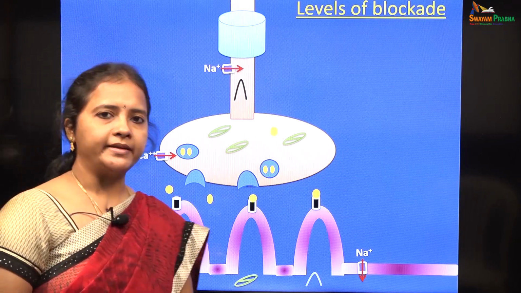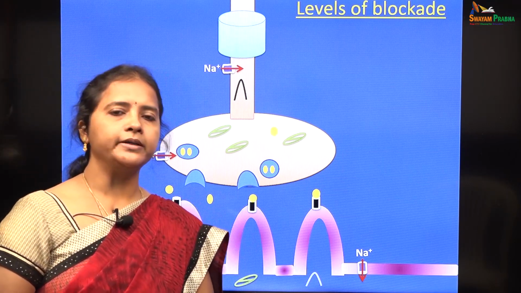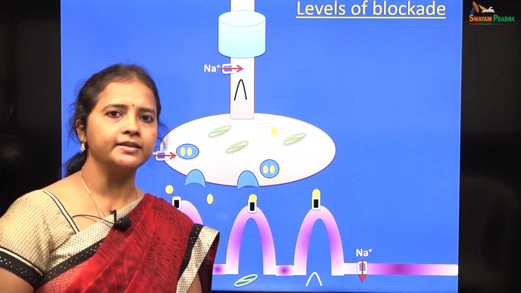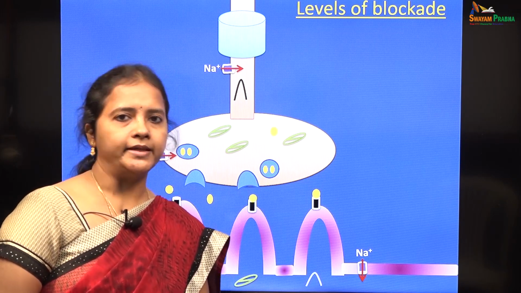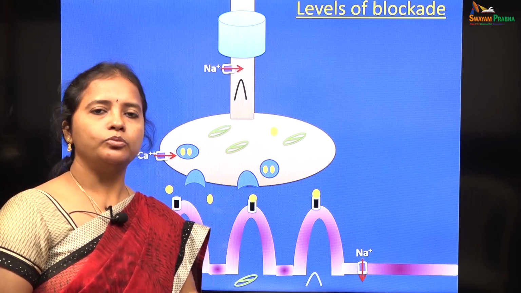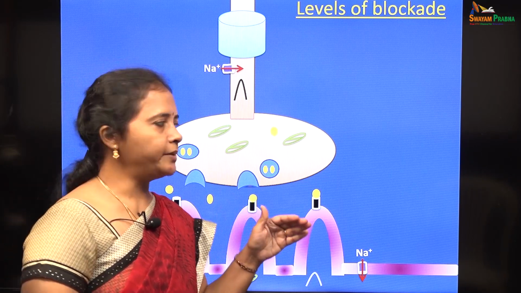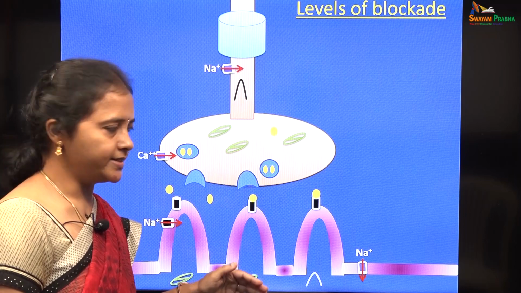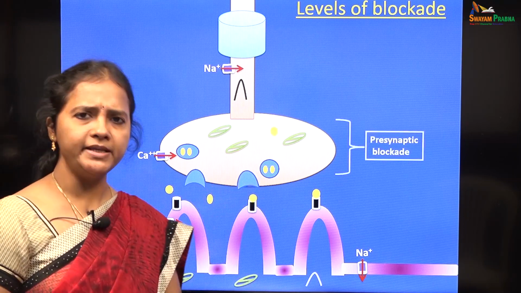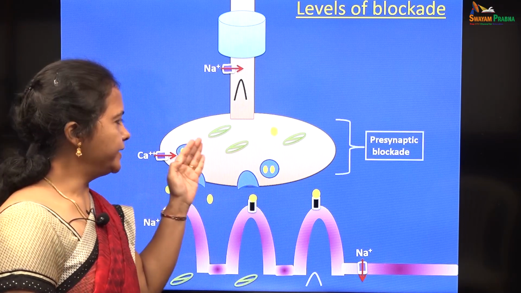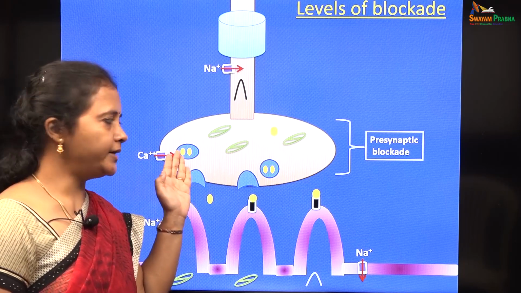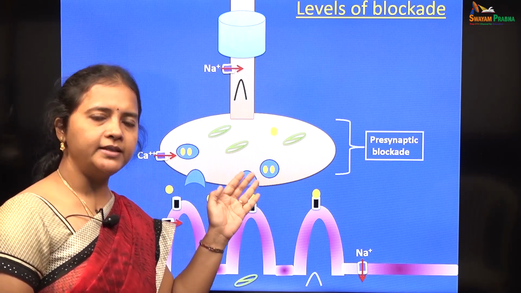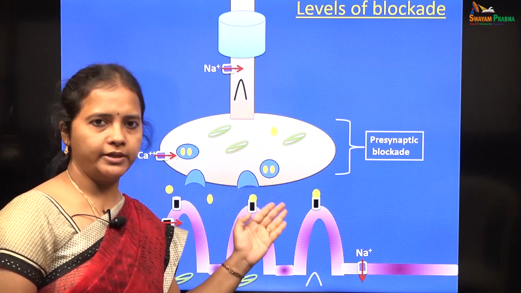This neuromuscular transmission can be blocked by various drugs, poisons, toxins, etc. The blockage can happen at any of several levels. One is a presynaptic blockade, where either calcium entry or the exocytosis of the vesicle is blocked, so that there is no release of neurotransmitter.